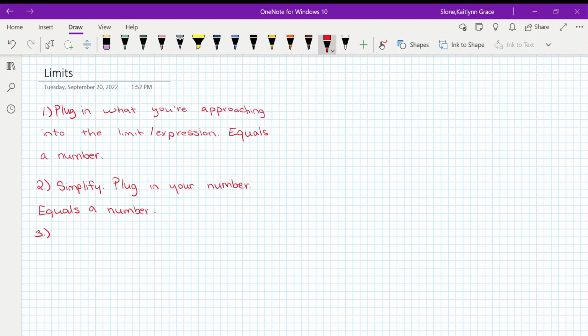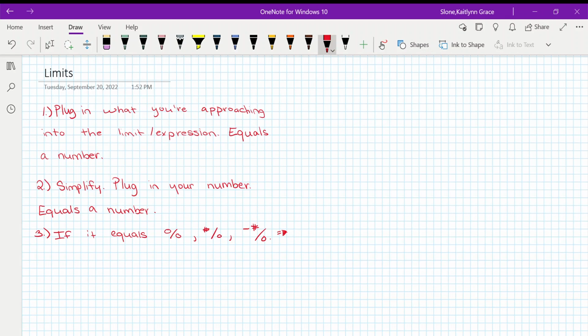So if it equals, you still simplify it or you can't simplify it. So if it equals 0 over 0, a number over 0, a negative number over 0, then it depends. It depends on what your teacher wants you to do in this situation.